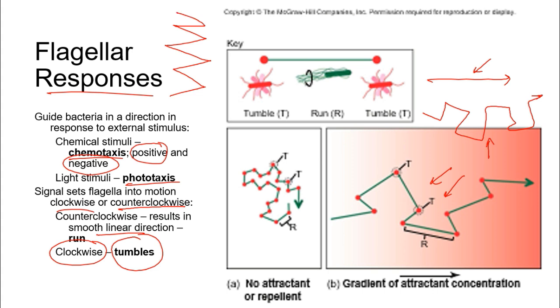Tumbling means you cannot predict the movement here. So if it's counterclockwise, you can imagine this is counterclockwise. Counterclockwise means in this case a smooth unidirectional linear motion, and clockwise means tumbling motion.